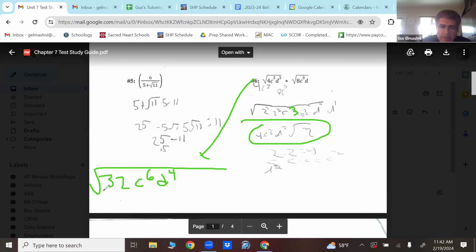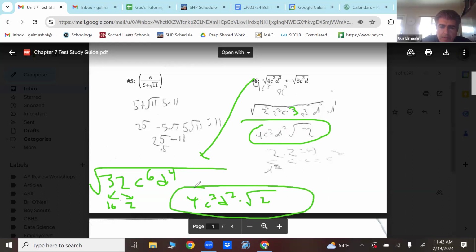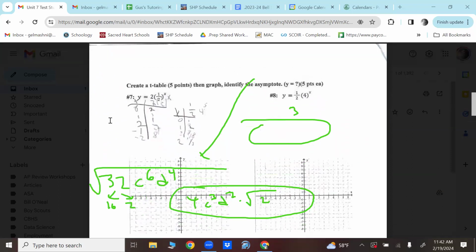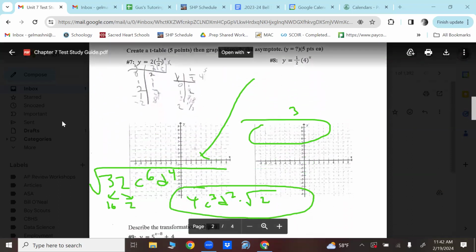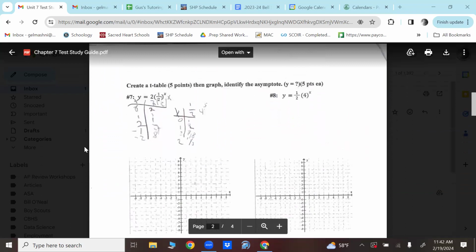Pull it out. So 4, C3, D2, root 2. There you go.